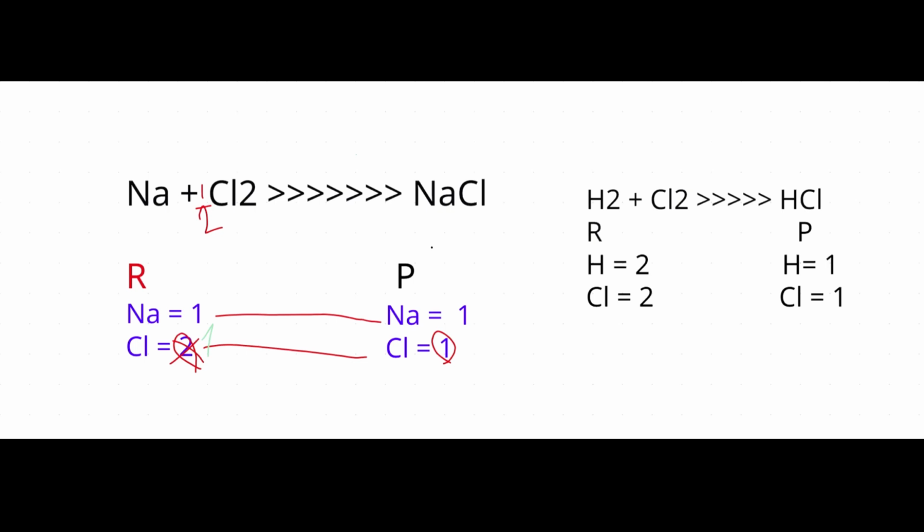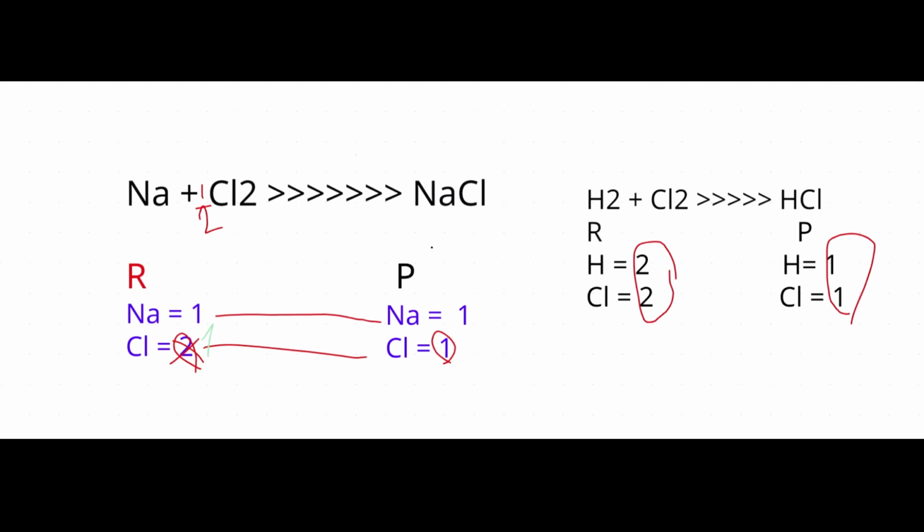In the reactants we have hydrogen, 2 hydrogen, and we have hydrogen in the product too, but only 1 hydrogen. In the reactants, we have 2 Cl, and in the product, we have only 1 Cl.